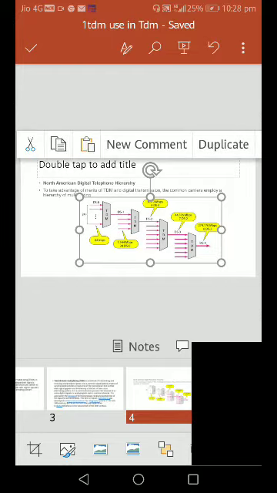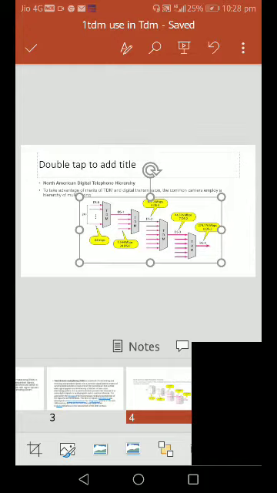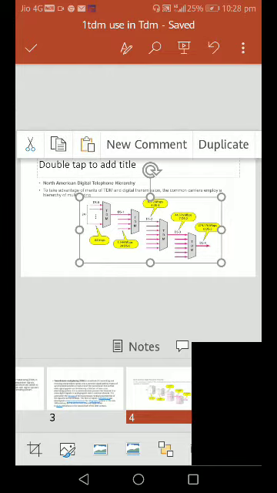With 24 signals transmitted, that is 24 into 64. Then the output goes to the first mux, a time division multiplexer. Here there are many inputs and a single output. The basic concept of a multiplexer is that many signals are added to get a single output.